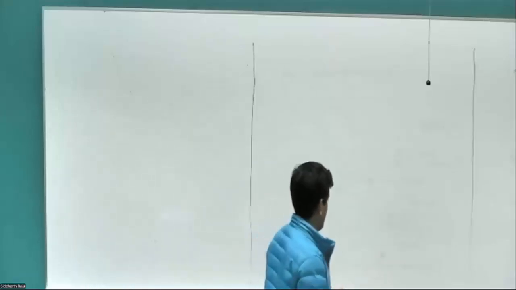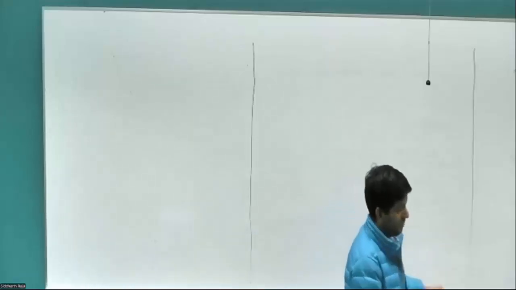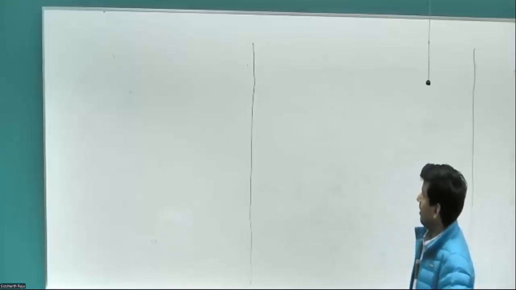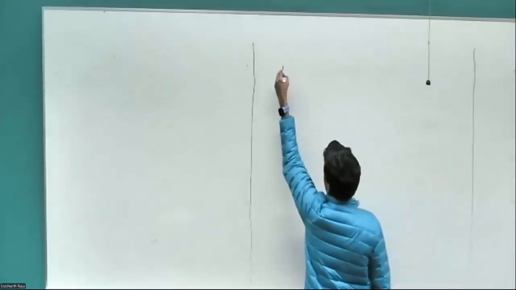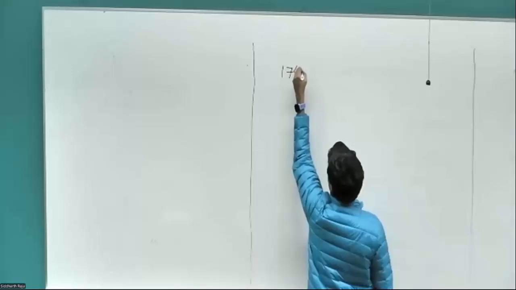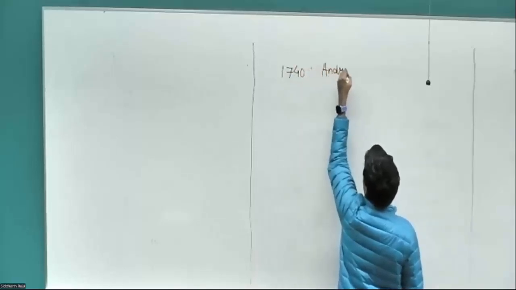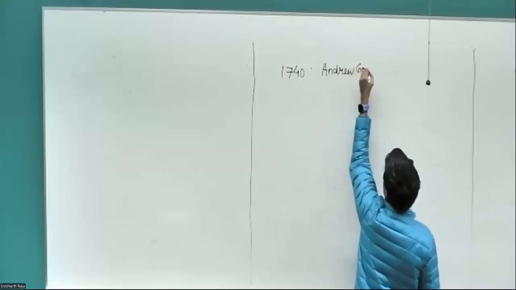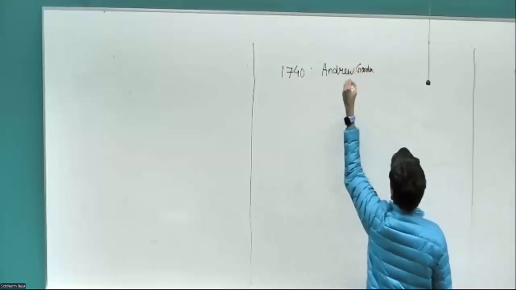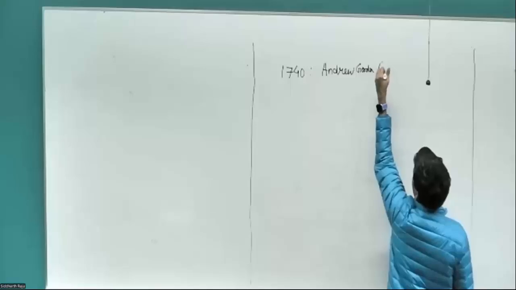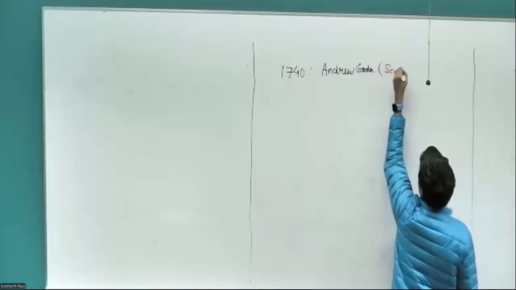So last week we started looking at the history of motors, and the first electric motor was created by Andrew Gordon, a Scottish monk, which was the electrostatic motor that we just analyzed.